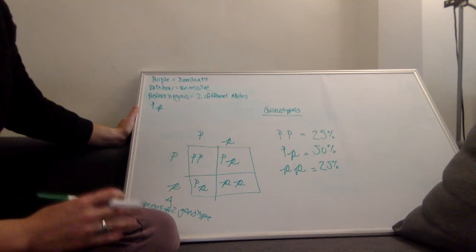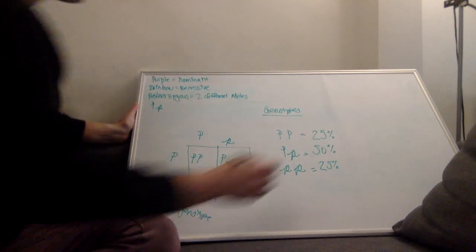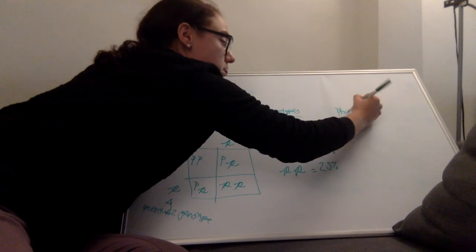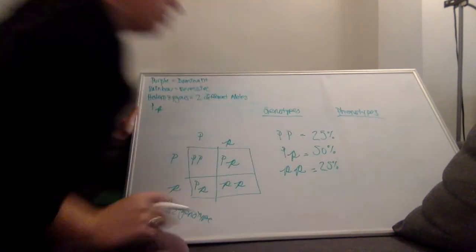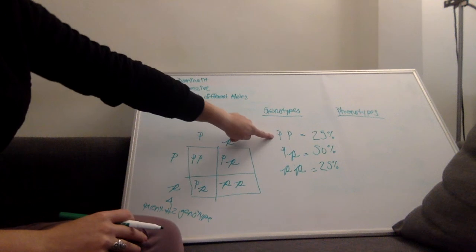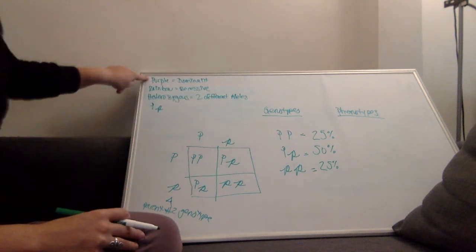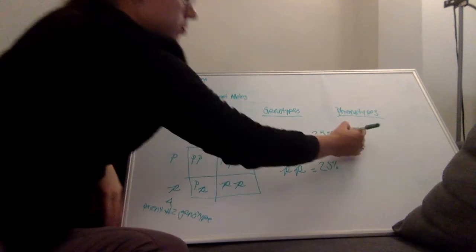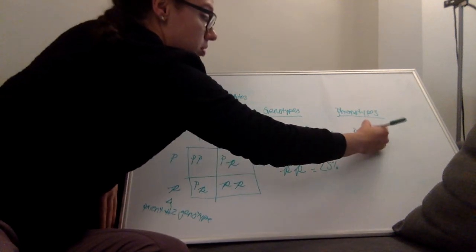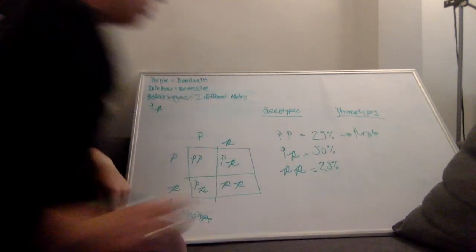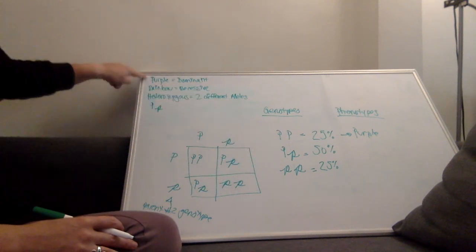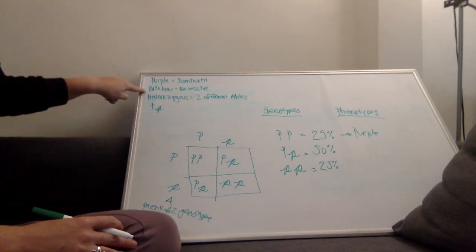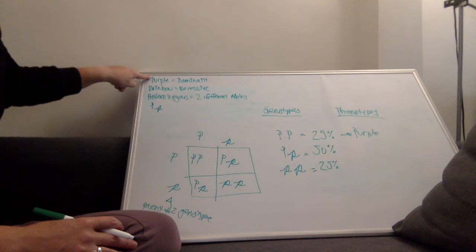Now, what are the phenotypes? What do they physically look like? Okay, so if we have uppercase P, the only allele they have is purple. Okay, so this is going to look purple. Here we have one purple, one rainbow, but purple is dominant.